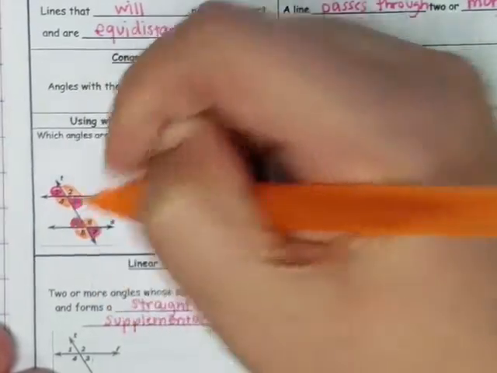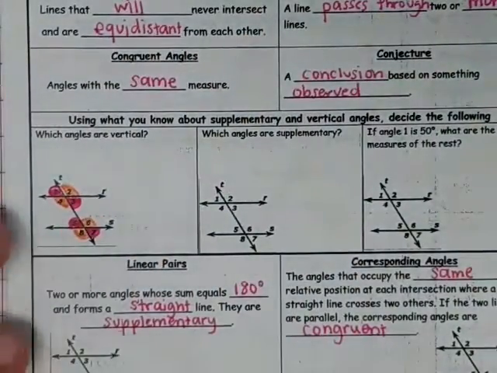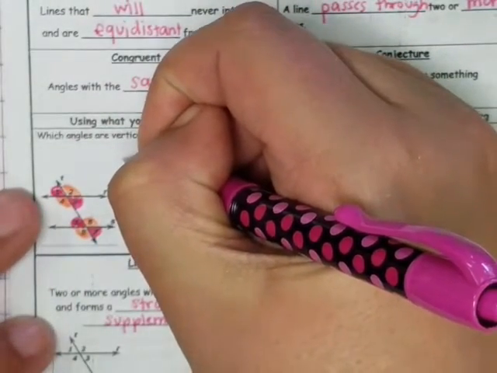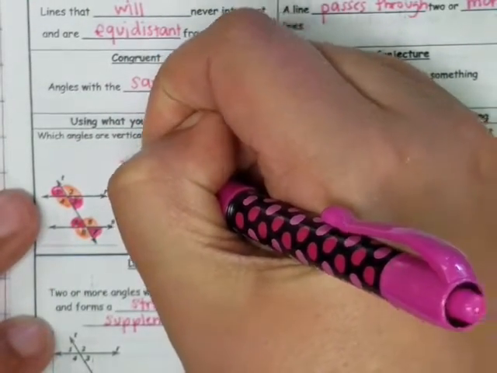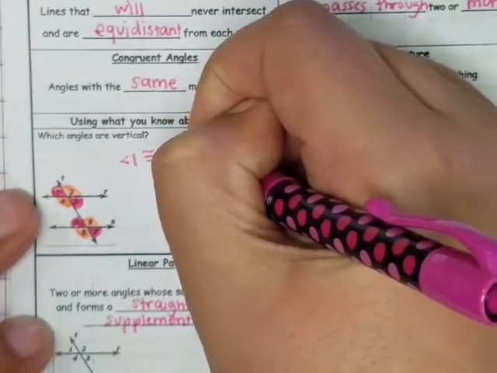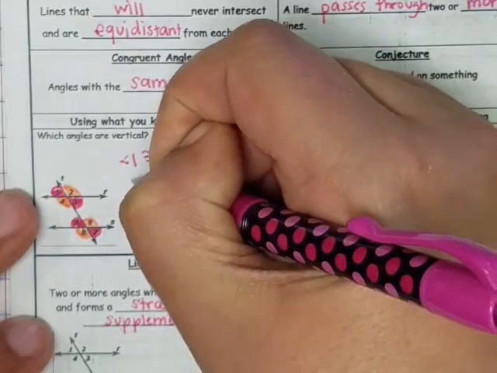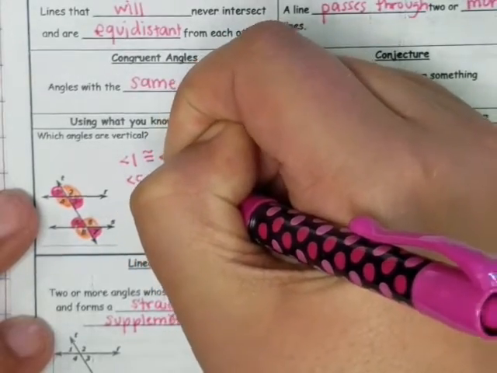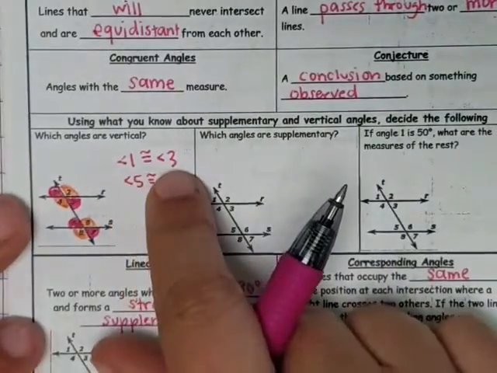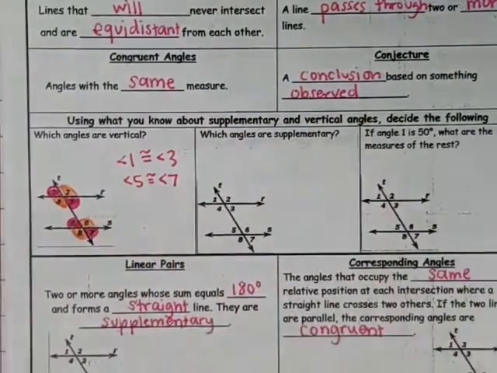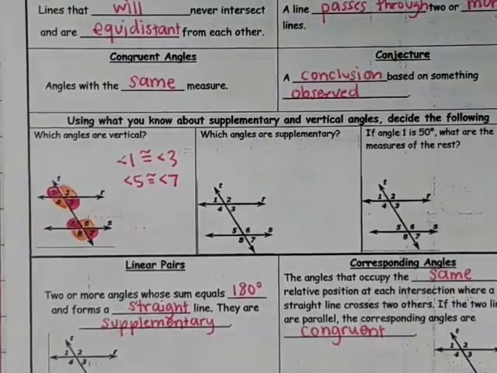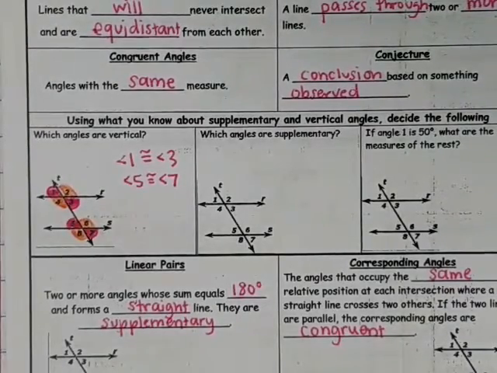Okay. So what we could say about vertical angles, that we know from yesterday's notes, is that 1 and 3 are congruent. So angle 1 is congruent to angle 3. Angle 5 is congruent to angle 7. And I do want to just look up really quickly and make sure I'm giving you the right symbol for congruence.